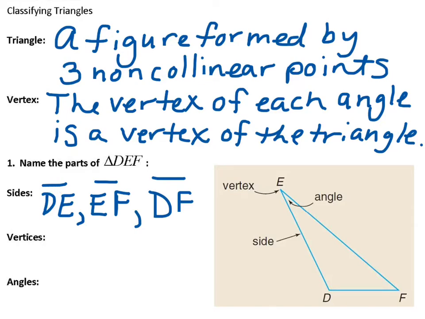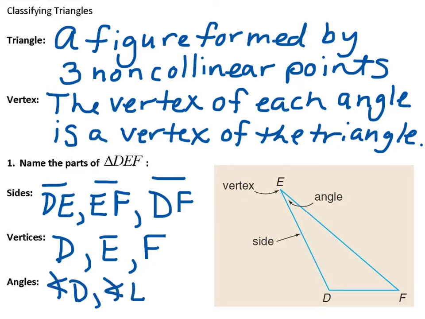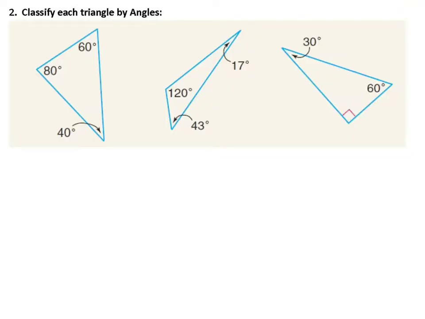And again, the vertices of this triangle are points D, E, and F. Now, using proper angle notation, the angles of the triangle represent angle D, angle E, and angle F. Now that we are familiar with the terms and the parts of a triangle, let's classify triangles.